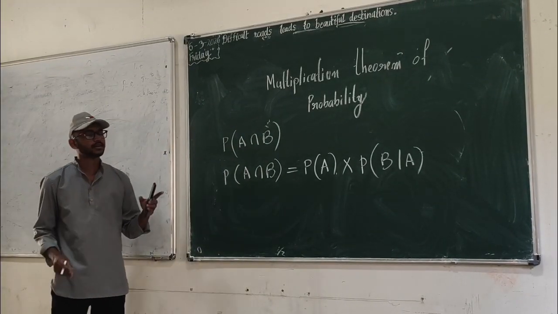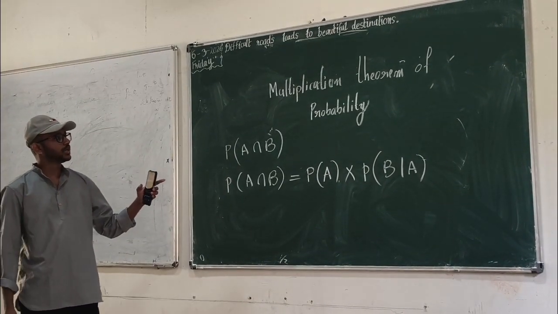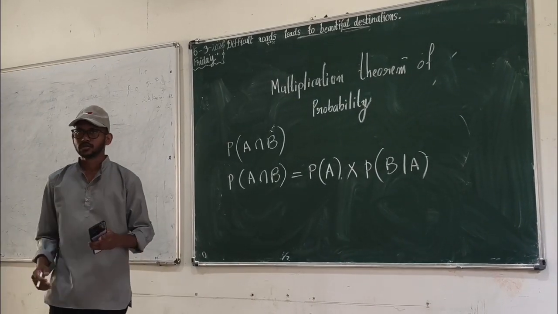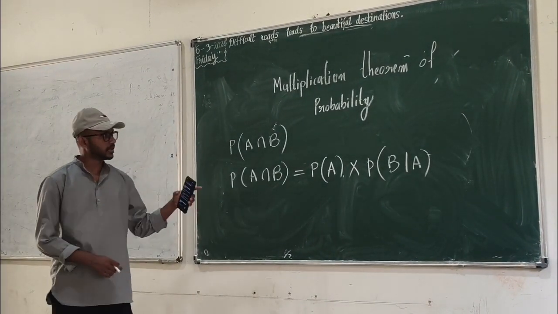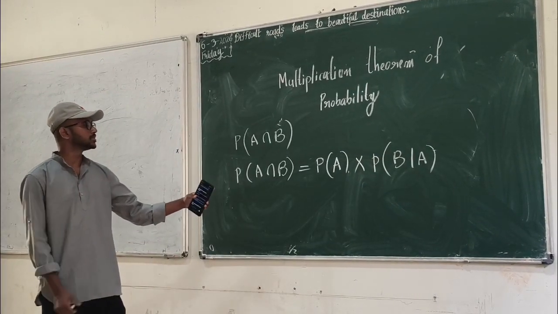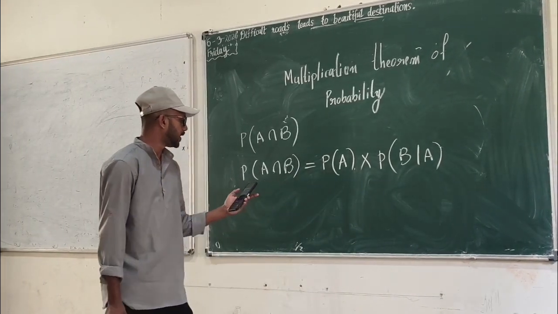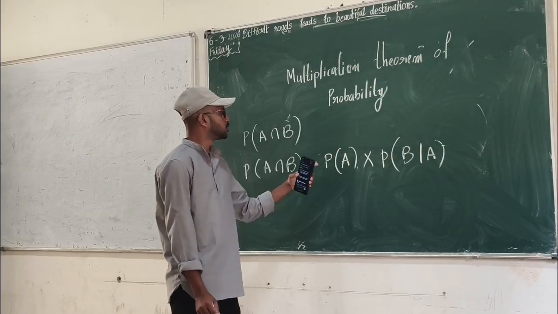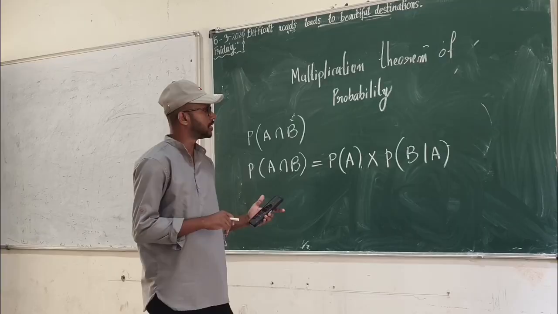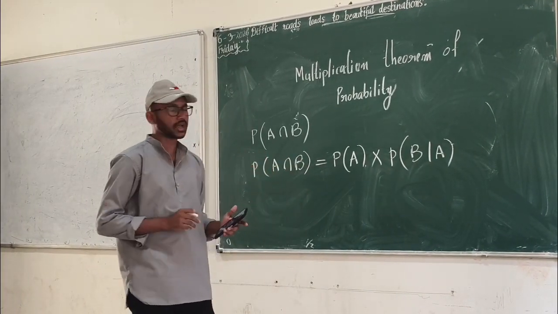Meaning that if we take two events A and B, the probability that the 2 events A and B can happen together, in the multiplication theorem of probability, can be written as probability of A intersection B equal to probability of A times probability of B, where B is what happens after A has already happened.